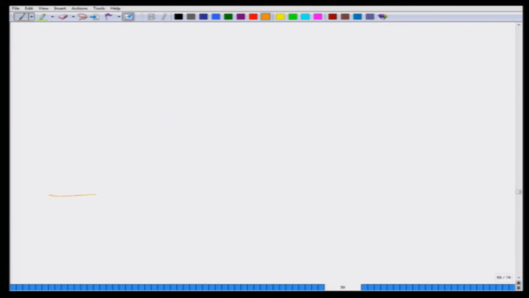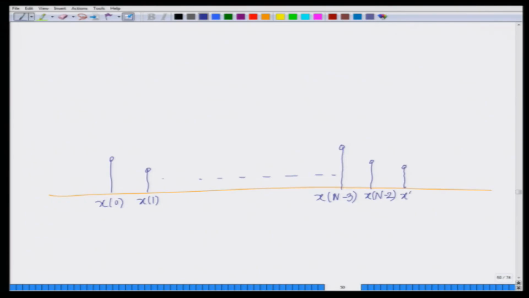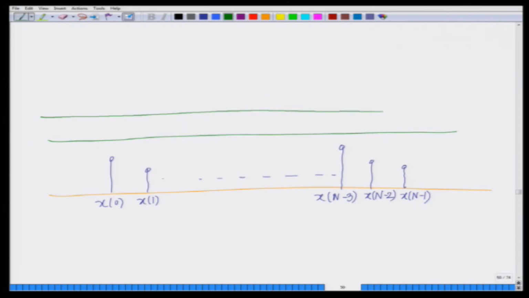Now, let me draw the various samples: x of 0, x of 1, so on and so forth, x of n minus 3, x of n minus 2, x of n minus 1, and now let me draw a line for time instant 0.